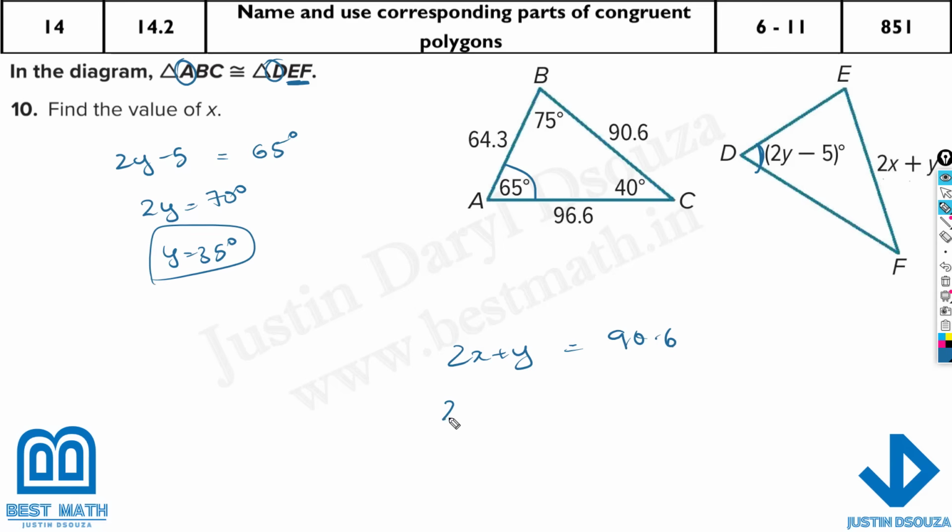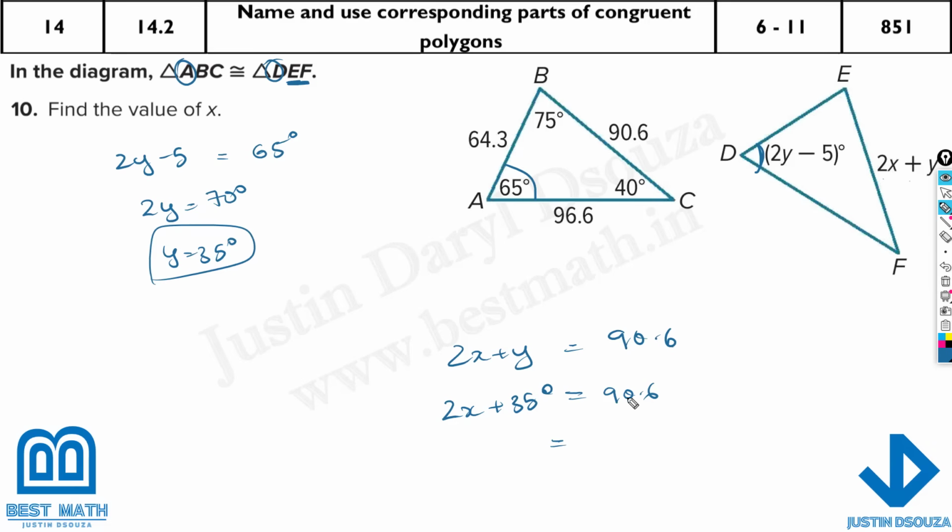You need to substitute it back into 2x plus 35. In your exam, you might get this. It's not to solve for y, it's to solve for x, but if you solve y, that might be there in your four options. Don't select that. You need to continue further to find the x value as well. 90.6. So let's take this to the other side.